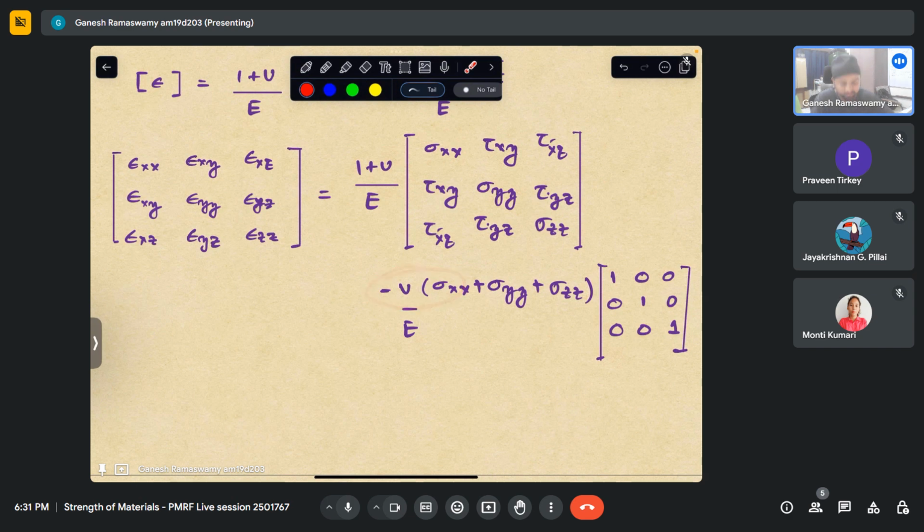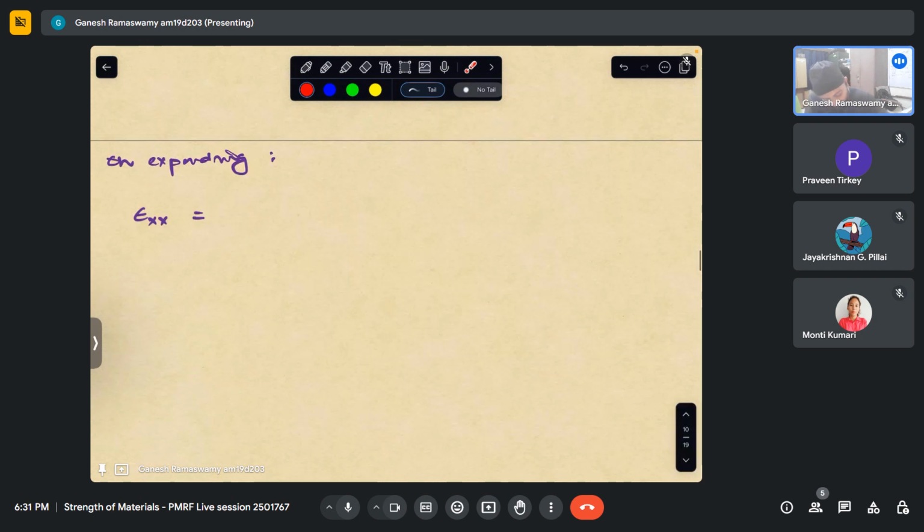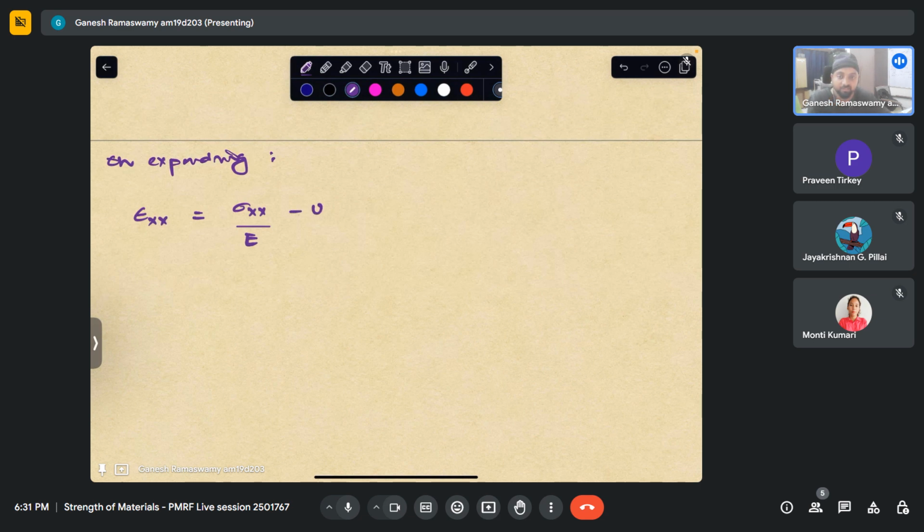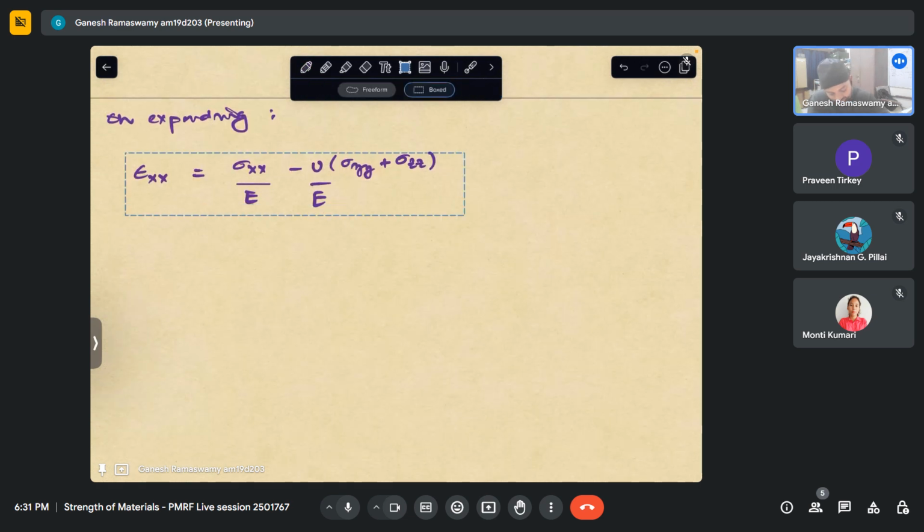That will just leave us with sigma xx by E, which will be sigma xx by E minus mu, and since sigma xx is gone, sigma yy plus sigma zz by E. Similarly, it will go cyclically for the normal strains.